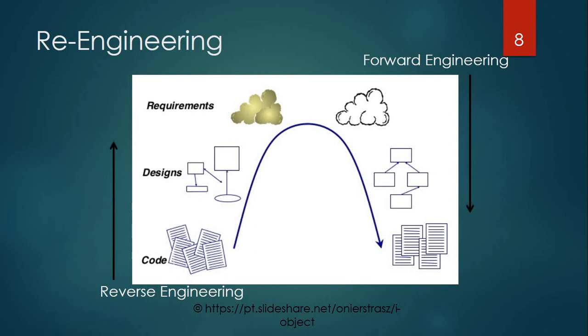Whereas forward engineering first of all checks the requirements, after it checks the design, and in the last it does the coding of the software. So re-engineering is the combination of reverse engineering and forward engineering. How, that we will discuss after understanding what reverse engineering and forward engineering are.